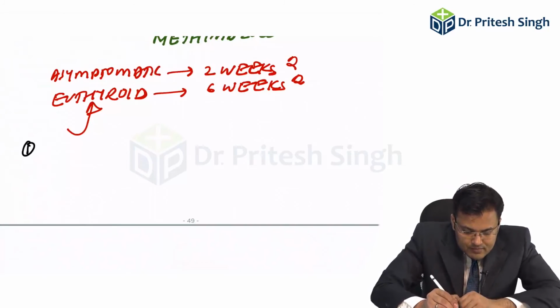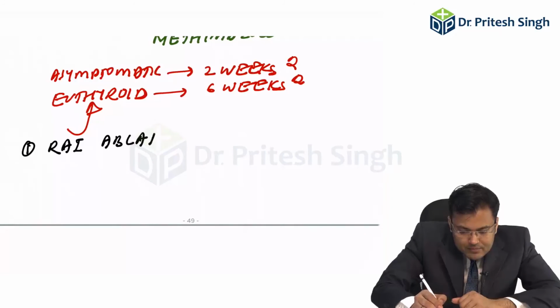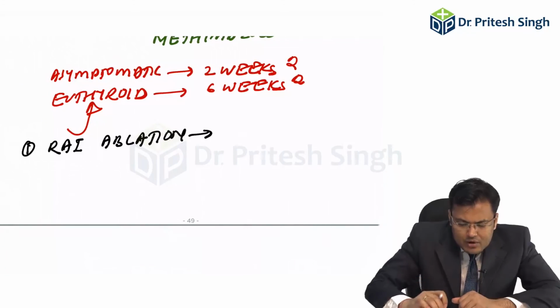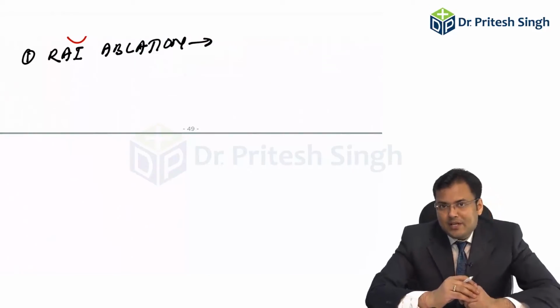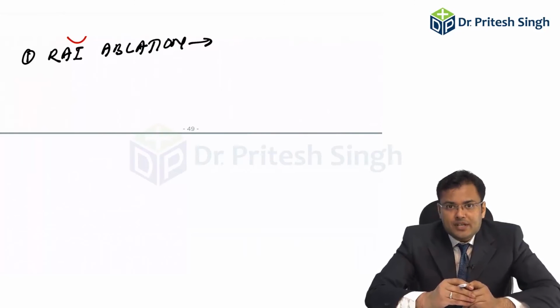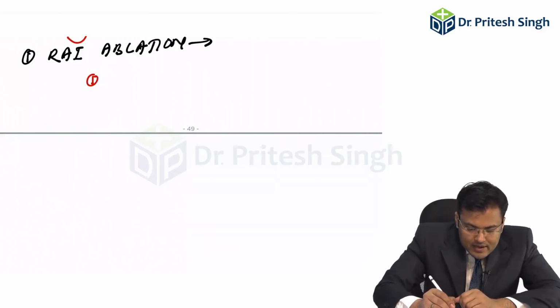First, radioactive iodine ablation. In which case will we go for radioactive iodine ablation? The conditions where we cannot perform surgery, like elderly patients.